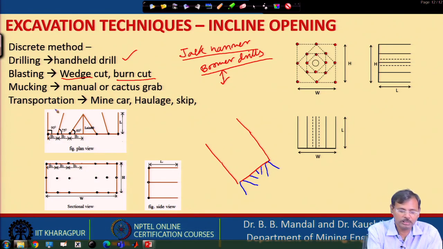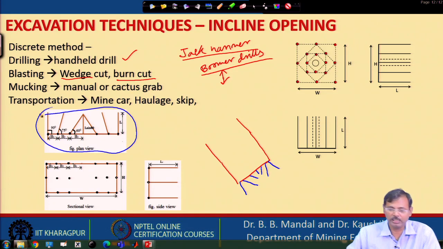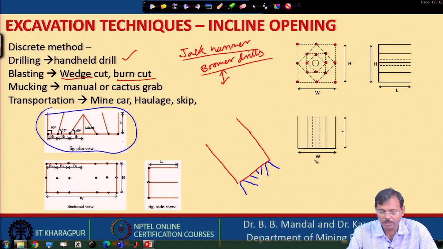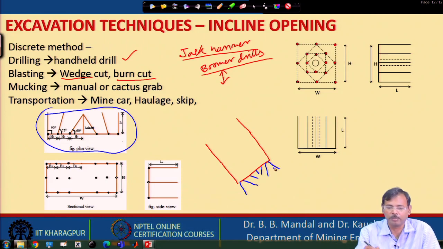So, this is the general wedge cut designing pattern. In fact, in our earlier drilling and blasting technology NPTEL course, wedge cut designing is described in detail. So, that can also be followed during this incline excavation.